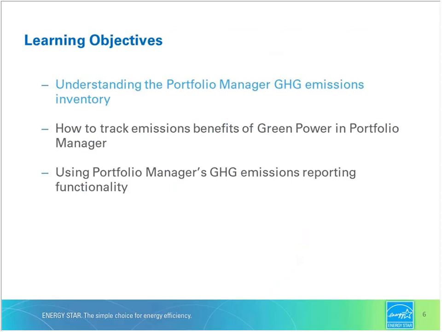All right, that was just meant as a little bit of background, but we're going to dive into our first objective now. So let's talk a little bit more about the emissions inventory approach that is taken within Portfolio Manager.